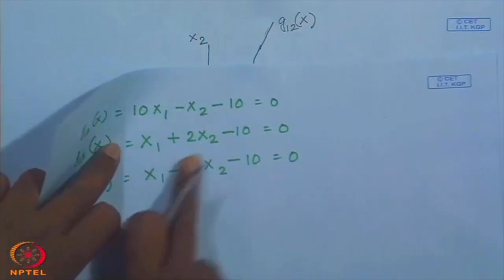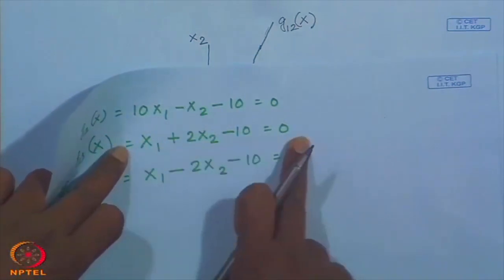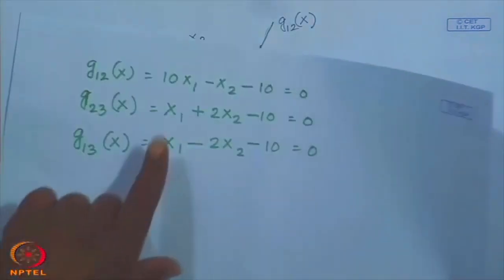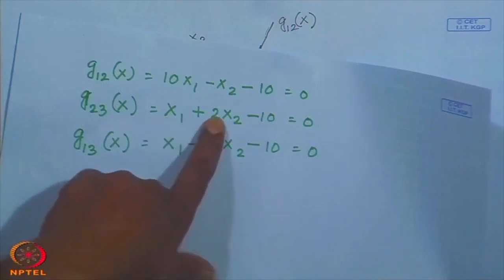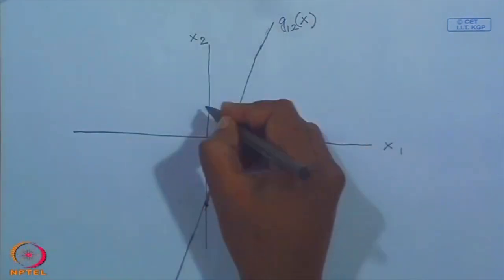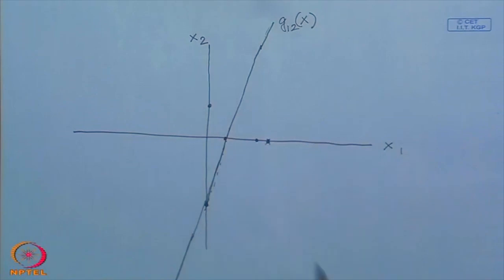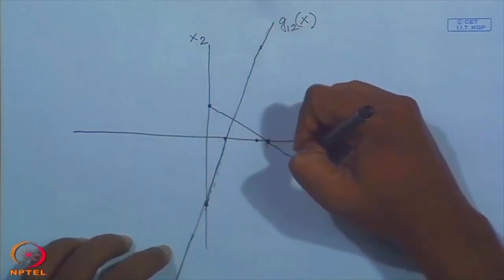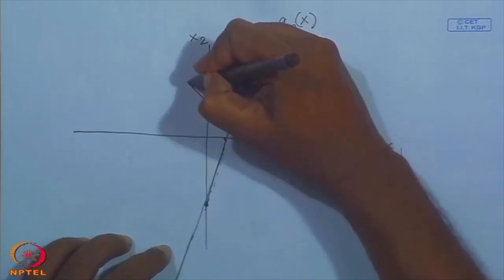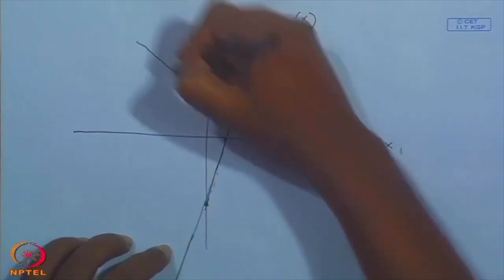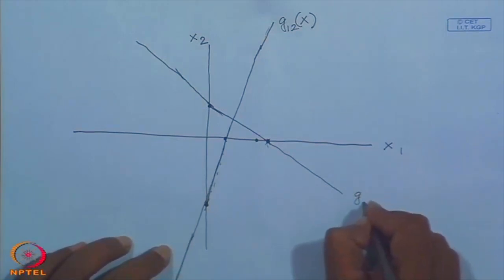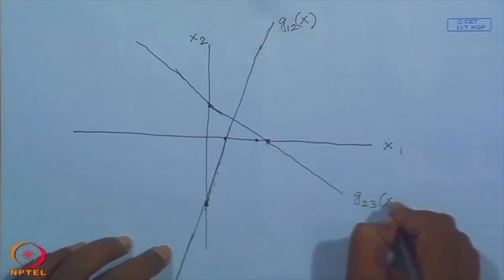So, that is a point somewhere over here. So, this is a state line which represents g23x.